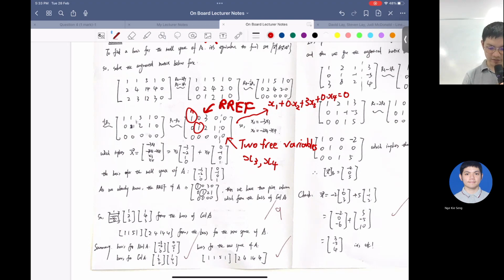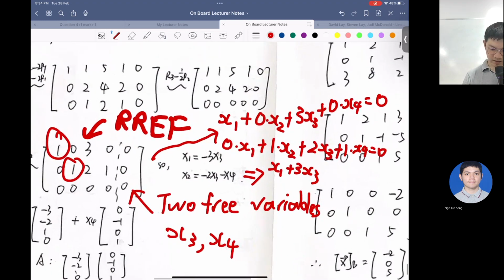And then the second line will transform into 0 times x1 plus 1 times x2 plus 2 times x3 plus 1 times x4 equals 0. And then the last row is 0. So in the end, what do you get? You get x1 plus 3x3.